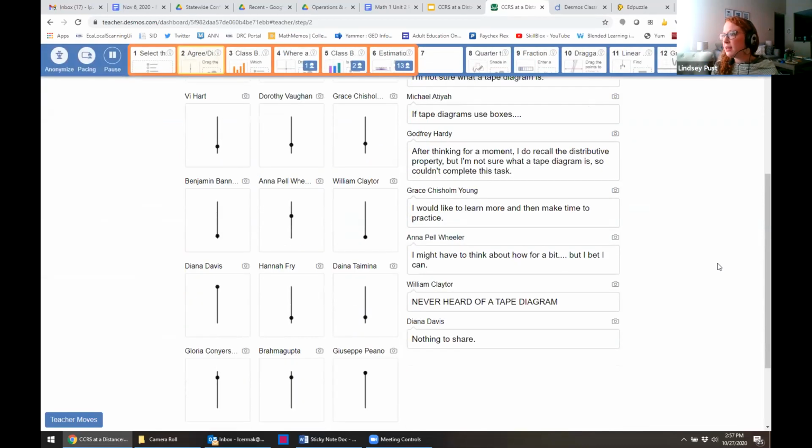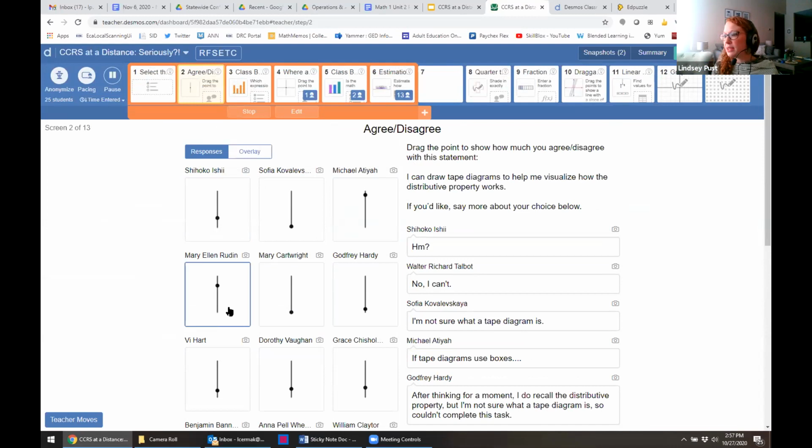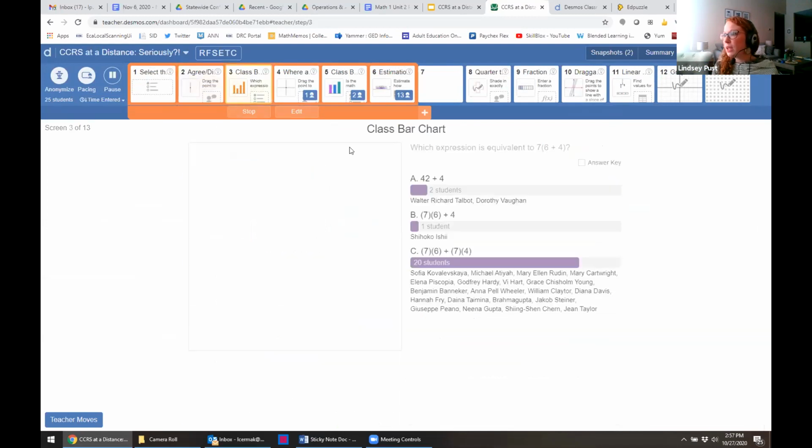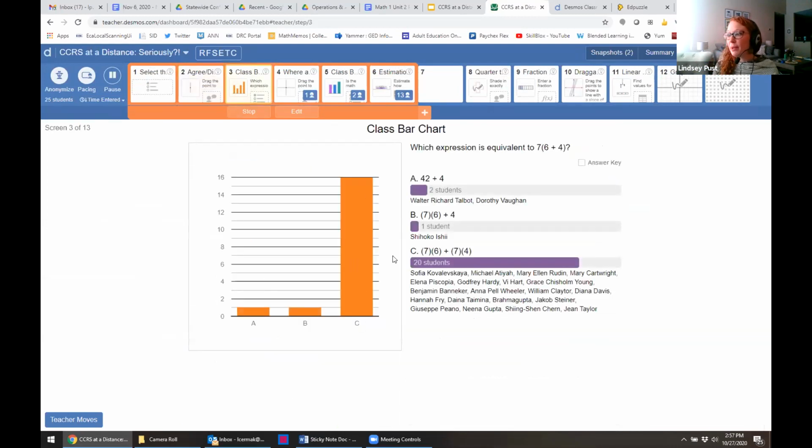So again, seeing the comments, seeing how different students are rating. Here, seeing the overwhelming response with this group with letter C. But again, no one is being called out for choosing other options. Like Kristine was talking about earlier, real-time data to look at and read a bar graph.